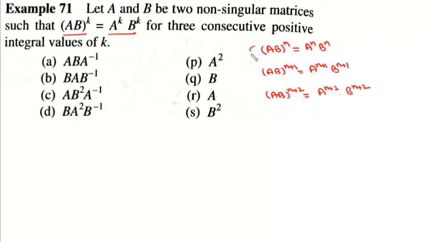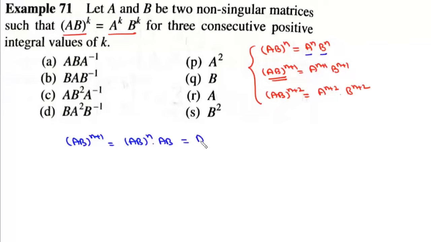Now using these 3 conditions, we have to work out some standard result. Now what we'll do is, we'll start with AB to the power n plus 1. Now we can write AB to the power n plus 1 as AB to the power n into AB, and AB to the power n is A to the power n into B to the power n.